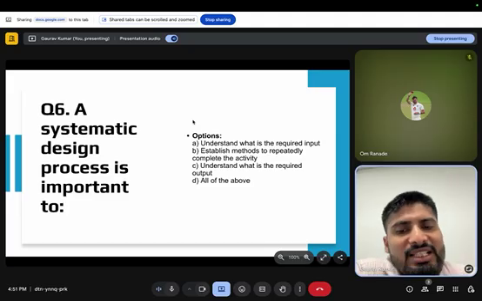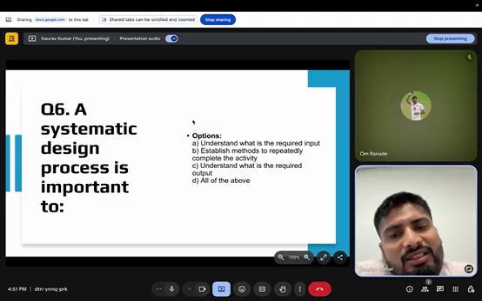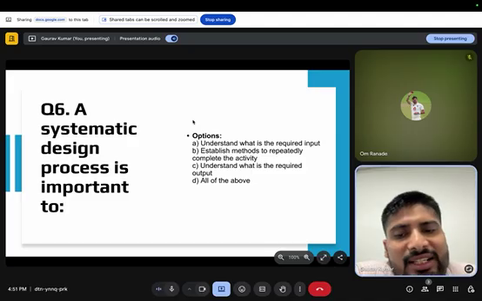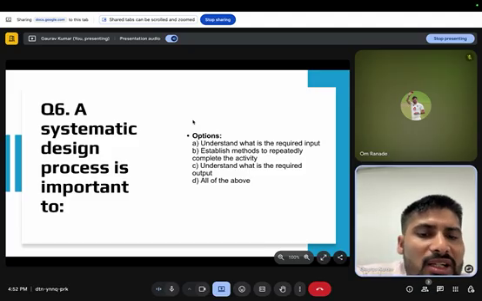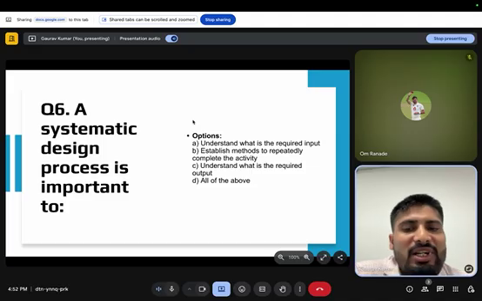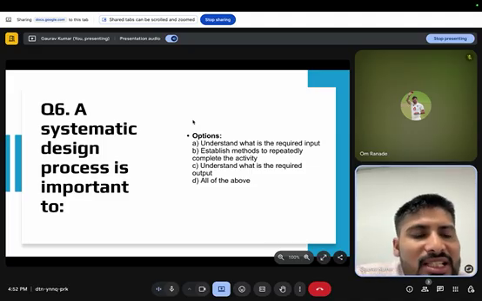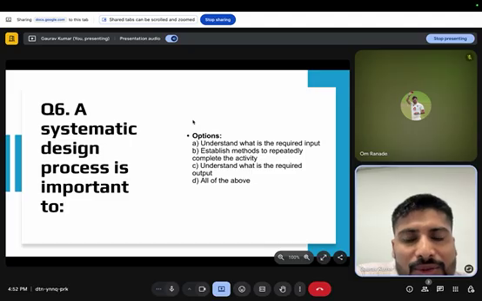So systematic design minimizes subjectivity by introducing measurable checkpoints and decision tools such as concept screening and scoring. It also supports documentation, traceability and quality assurance, attributes essential in engineering practice.